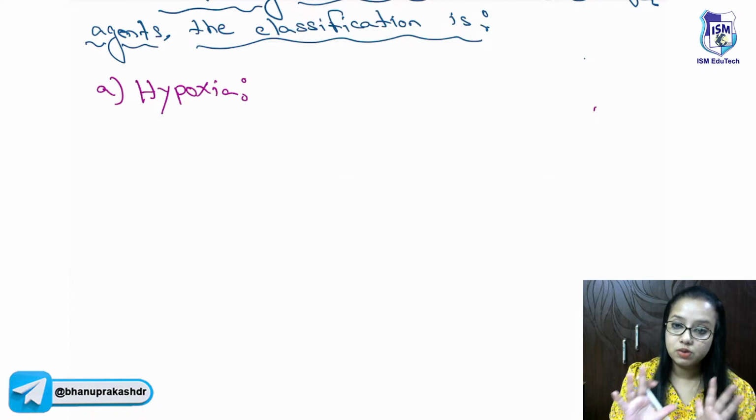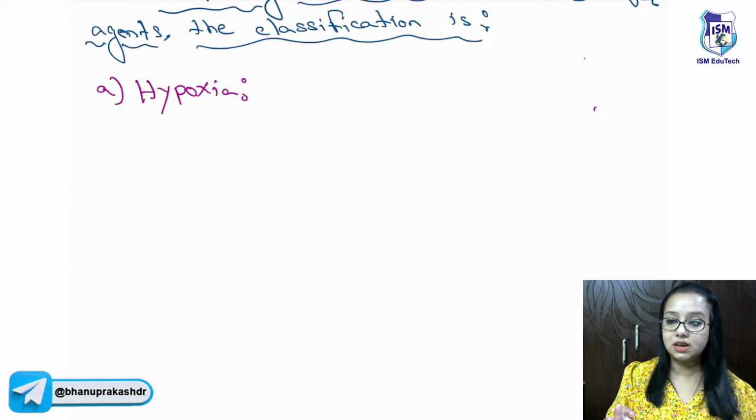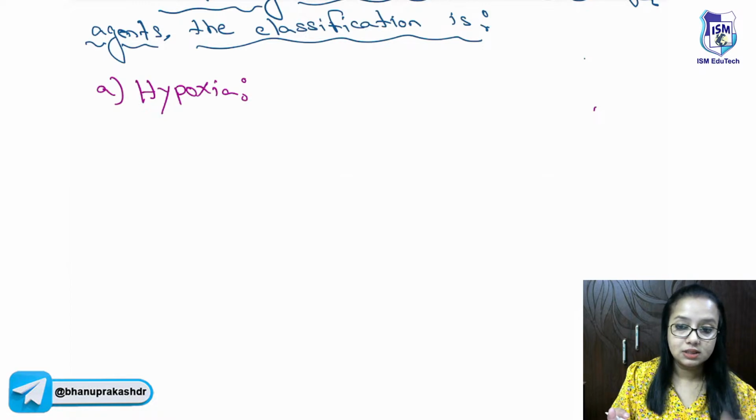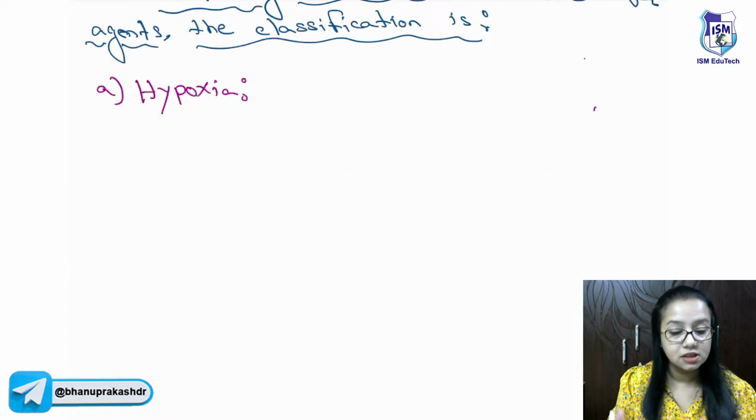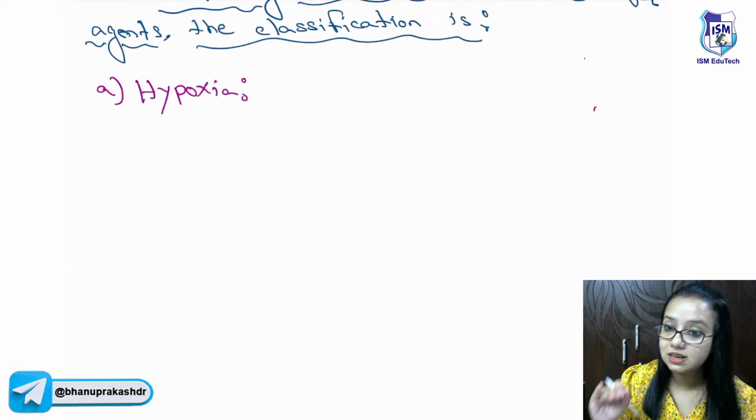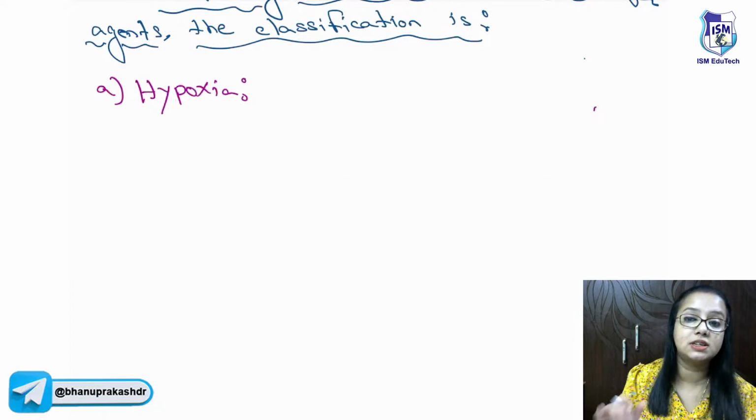Or if we are working out, doing a metabolic activity, or running, or any kind of physical activity, the metabolism in the cell increases, they use more oxygen, so there is always an oxygen deficit. So any condition that leads to deficiency of oxygen at the tissue level, that is hypoxia.